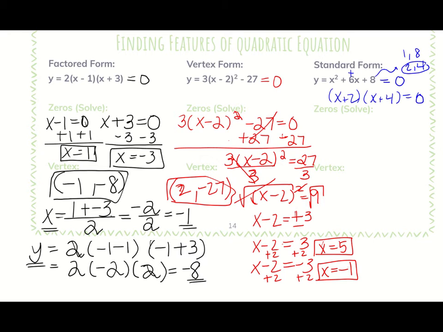These are factors, so now it's in factored form. I essentially just converted it to factored form. Now I need to solve by taking each factor and setting it equal to 0. So this would give me x equals negative 2 and x equals negative 4. Those would be my two x-intercepts, my two solutions here.